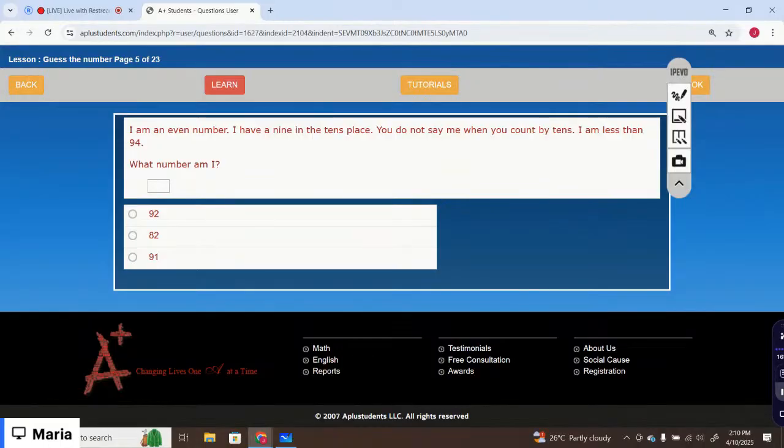I'm an even number. I have a 9 in the tens place. You do not say me when you count by tens. I'm less than 94. So which is the correct option?